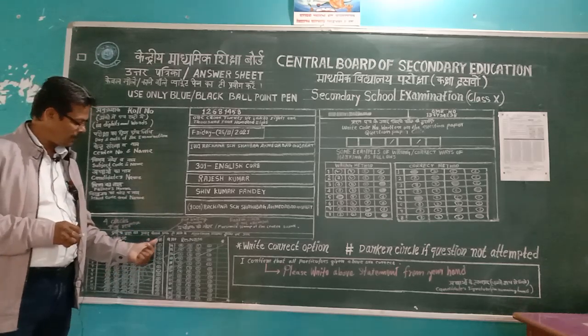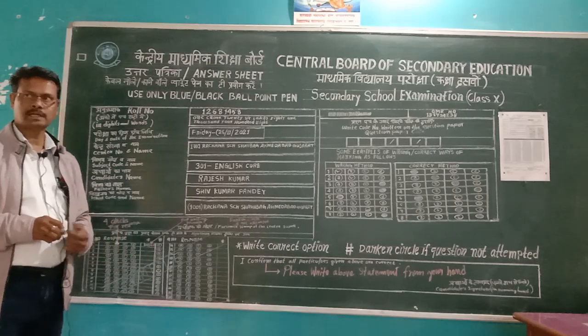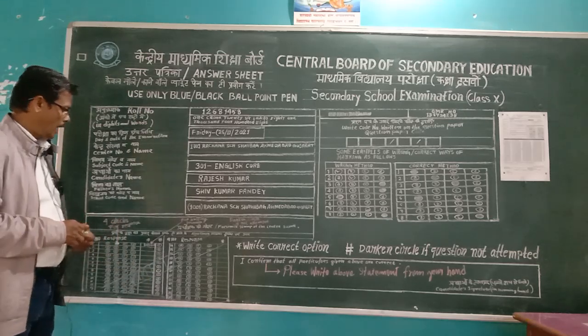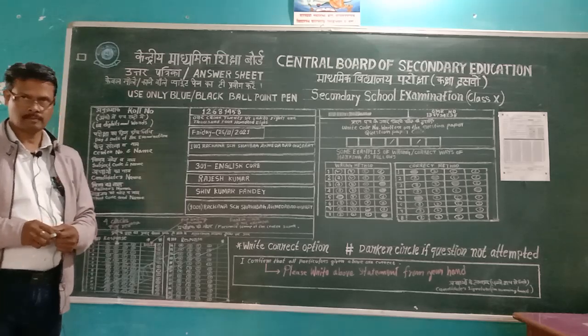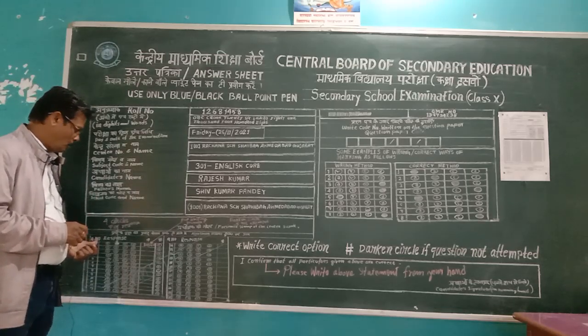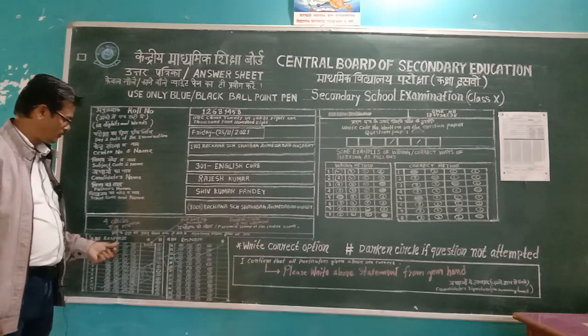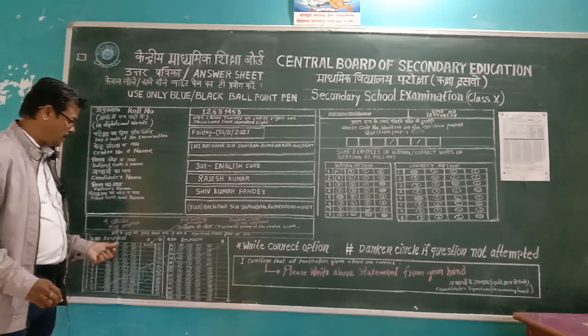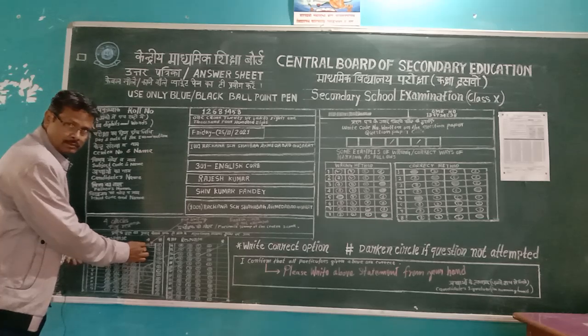Then to the right of that, you will find the hash mark, and below the hash mark 1, 2, 3, 4 like this, circles. And each box has its own importance. Suppose for example, for question number 1, we have decided B is the correct answer, then we have to darken this B circle. After that, we have to write the same B in the rectangular box.